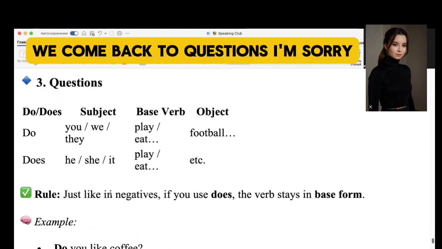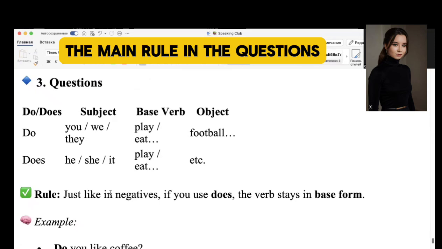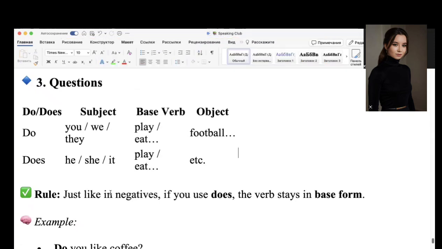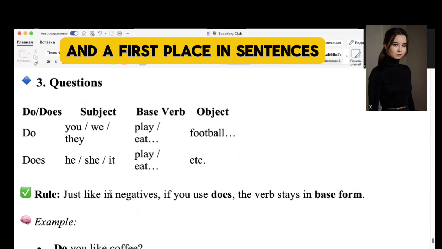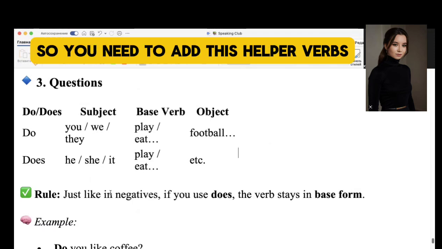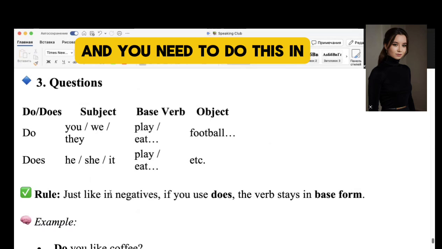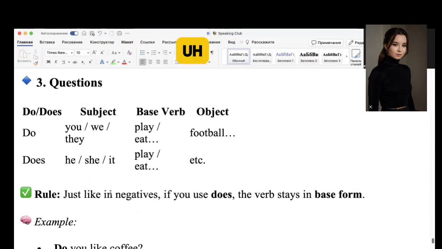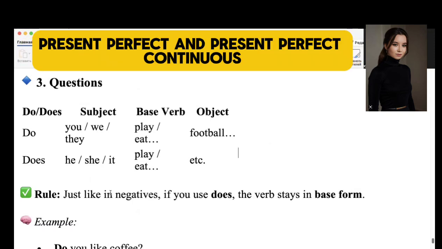So, we come back to questions. I'm sorry. The main rule in questions is that you need to use helper verbs in the first place in the sentence. You need to do this in all tenses: present continuous, present perfect, and present perfect continuous.